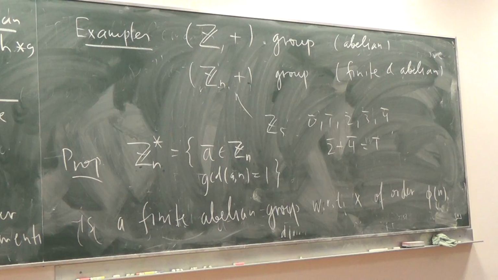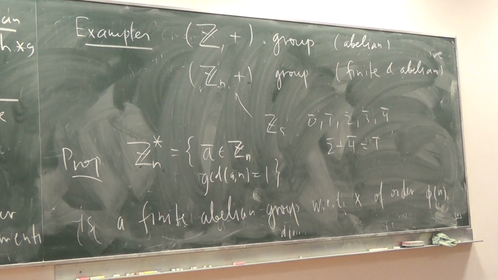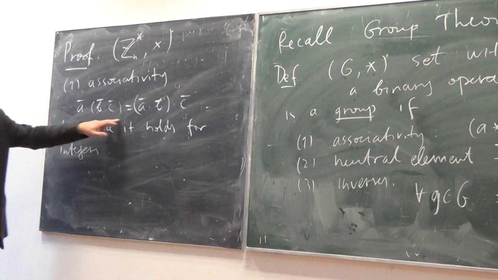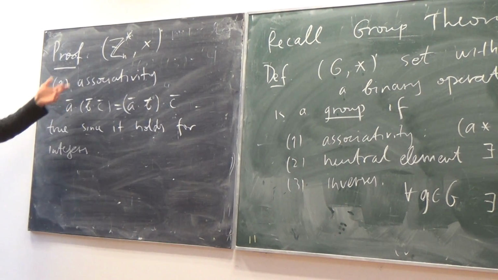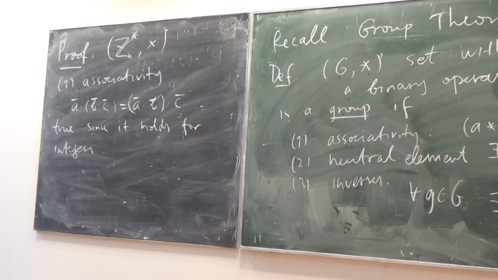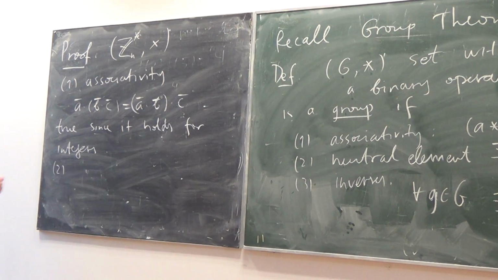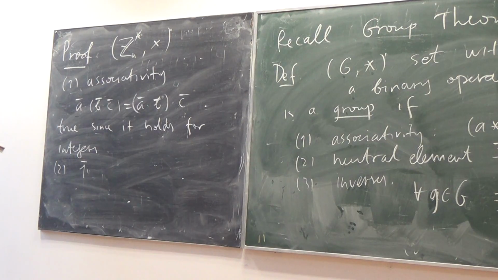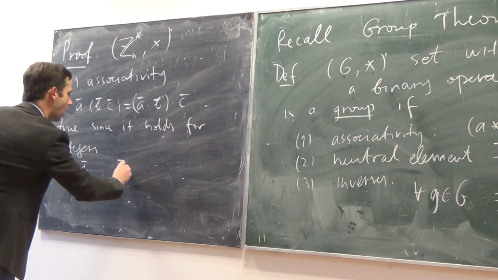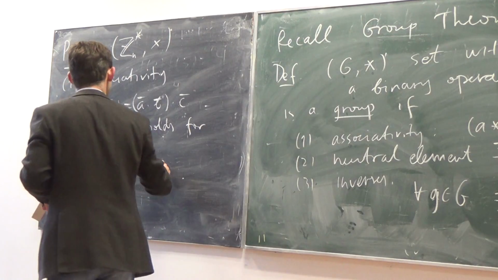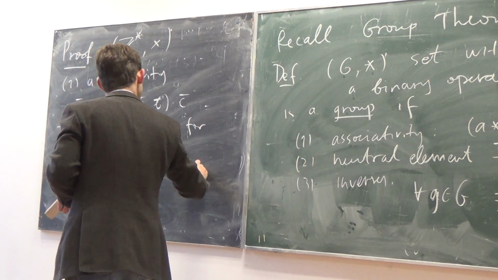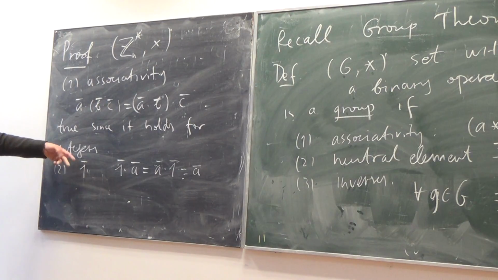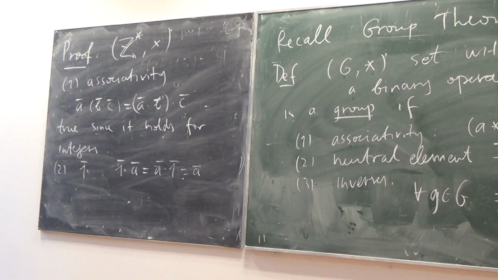Multiplication here is defined using normal multiplication of integers, and because this is something which is true for integers, it also will be true here. Neutral element: this is 1 bar, so 1. And clearly 1 bar times a bar is the same as a bar. Again, we have 1, which is kind of 1 in integers.